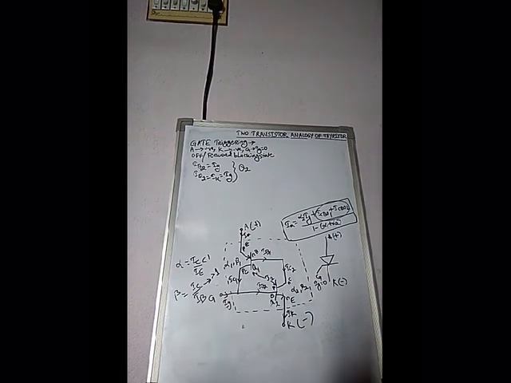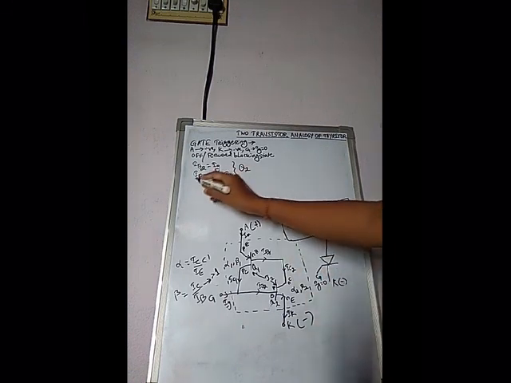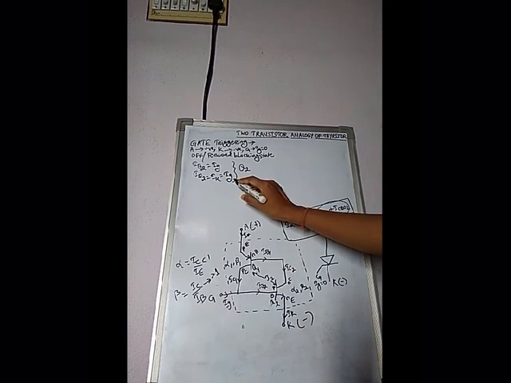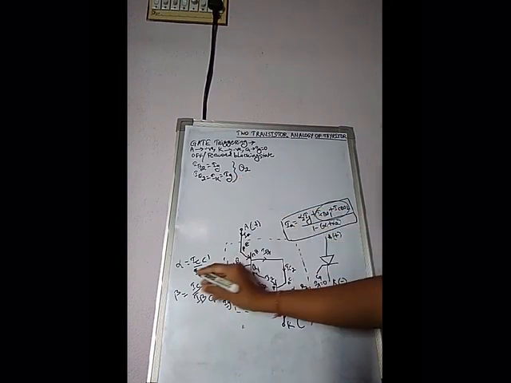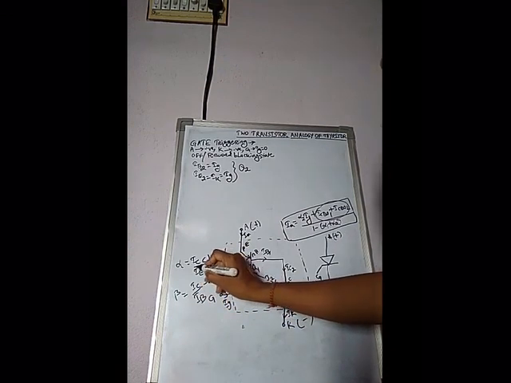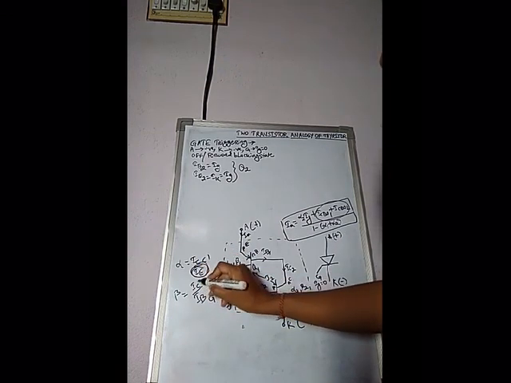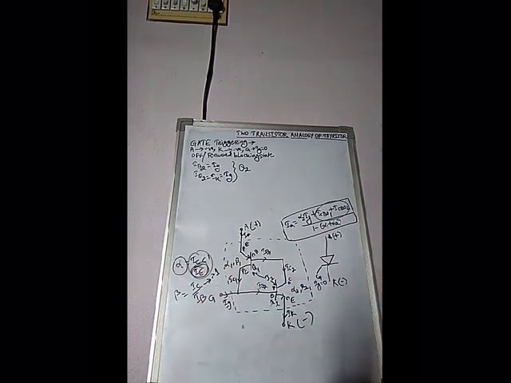So with the establishment of emitter current for Q2, the current gain alpha 2 of Q2 increases. I already told you, after the establishment of emitter current, this whole term will change, that means alpha changes. If IE increases, alpha also increases, because the whole term increases.